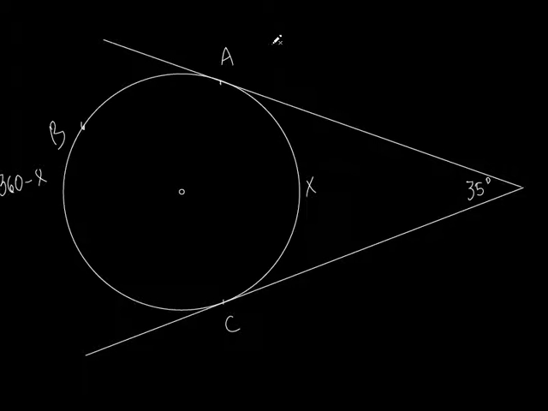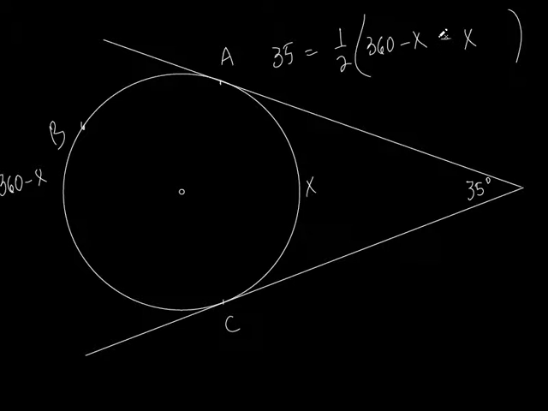Okay. So now what do you do? The angle is equal to what? It's half the difference of the 2 arcs, right? So this arc is 360 minus x, and this arc is x. And you just do the math and you solve for x. How would you do the math? I just took 180 minus 35.